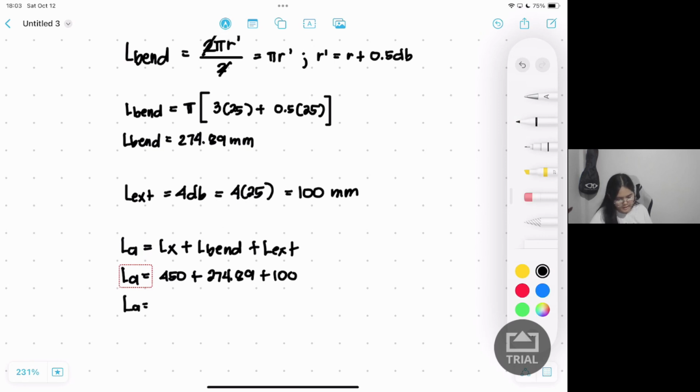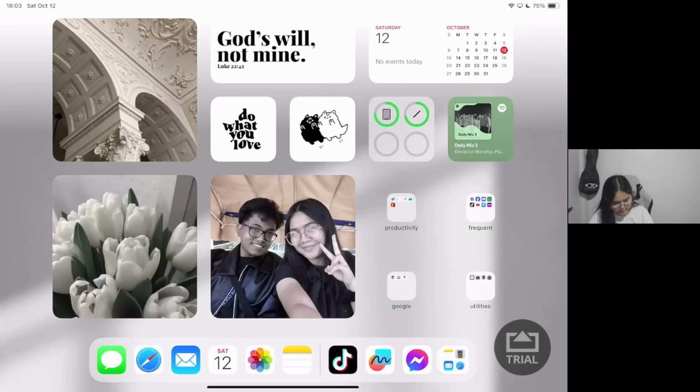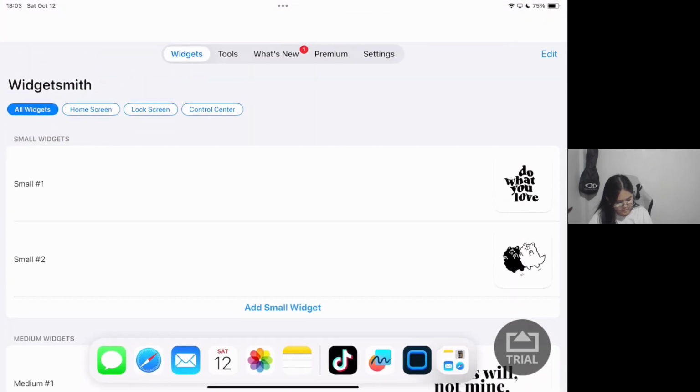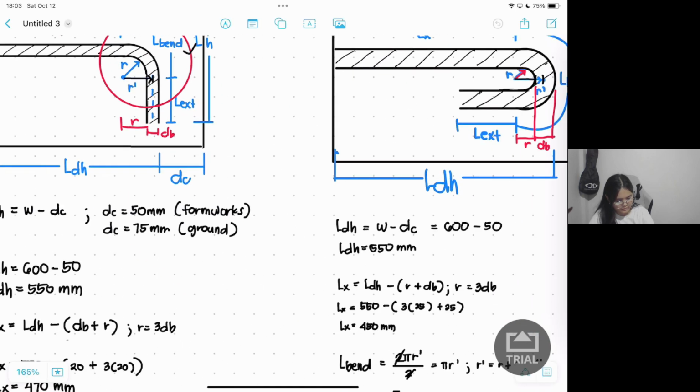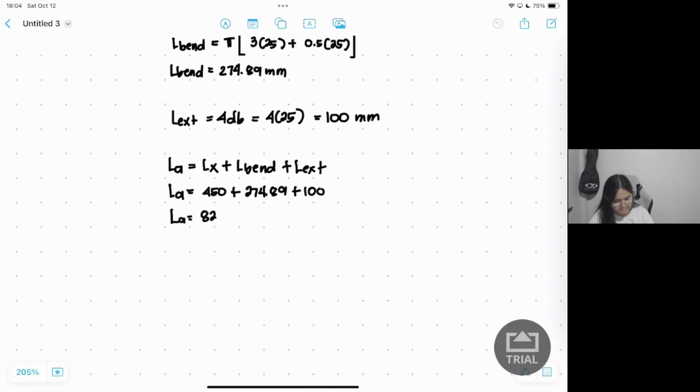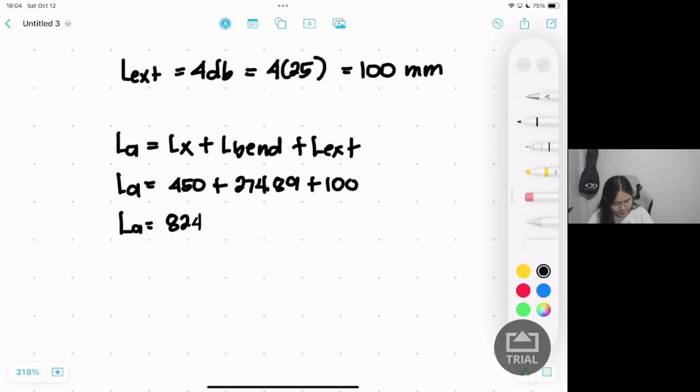So, kapag pinag-add nyo na lahat yan, you will get 824.89. Or you can say that is 825 mm. So, yan na ngayon yung answer.